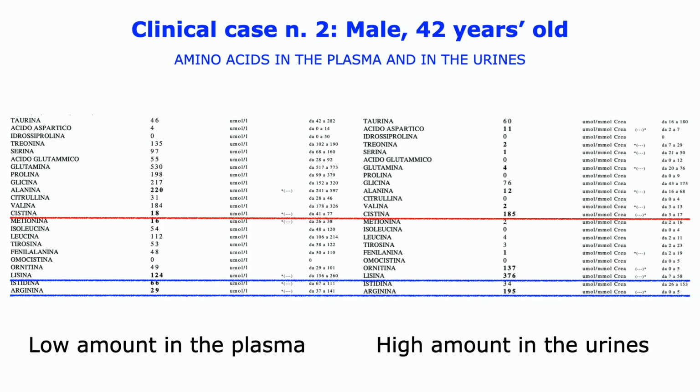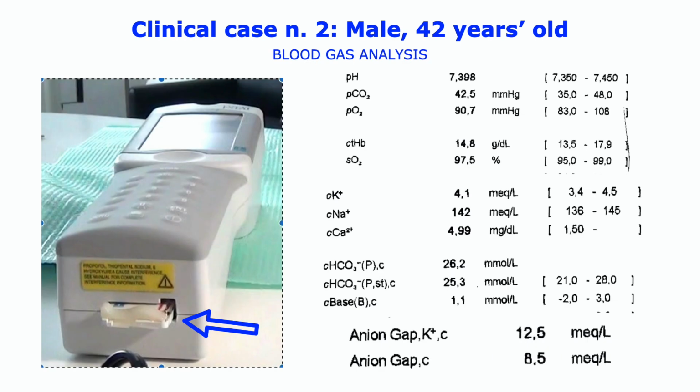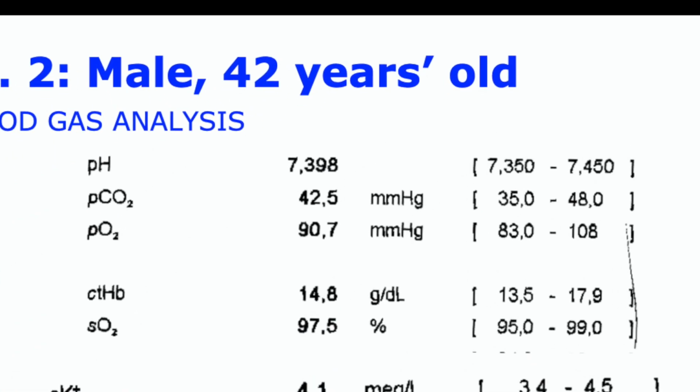The chromatographic test on plasma and urinary amino acids confirmed a high amount in the urines and consequently low amount in the plasma of cystine, and the two basic amino acids lysine and arginine. The acid-base balance was unaffected, as from a blood gas analysis test.